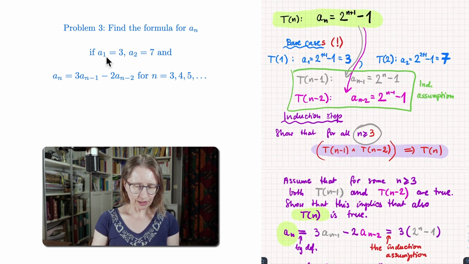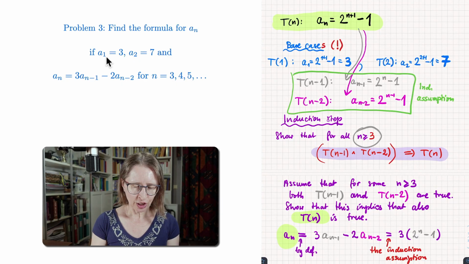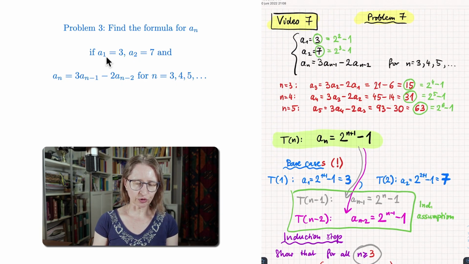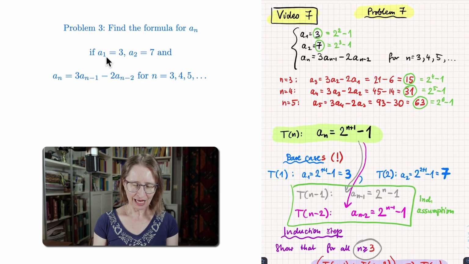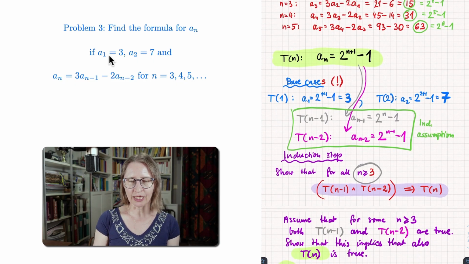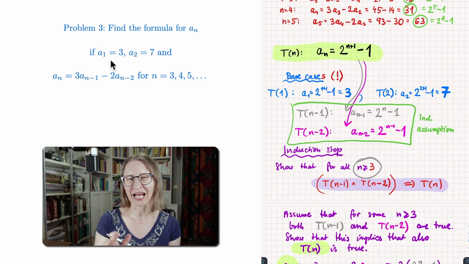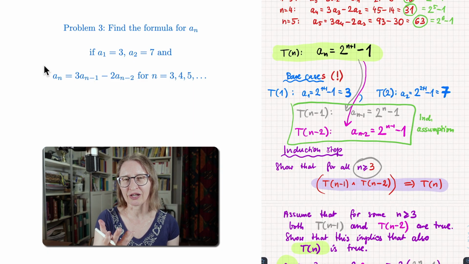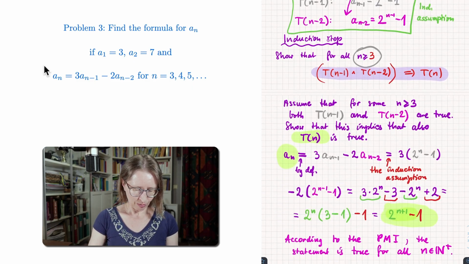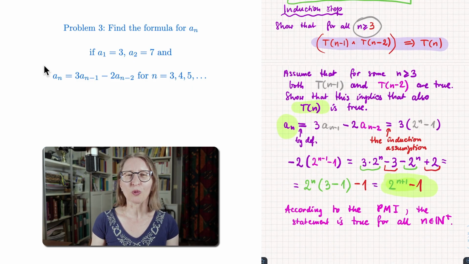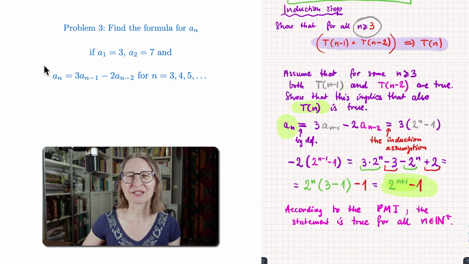So here you see this problem was harder. To begin with, it was harder to make a guess, and then we had a special type of induction with 2 base cases, because, well, we needed results for 2 numbers before in order to formulate the result for the current number. But it went well, and we are done with this one.